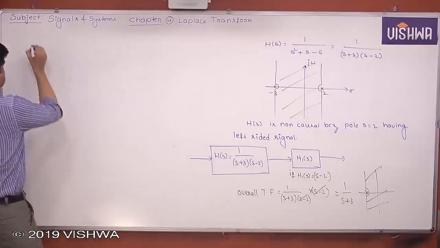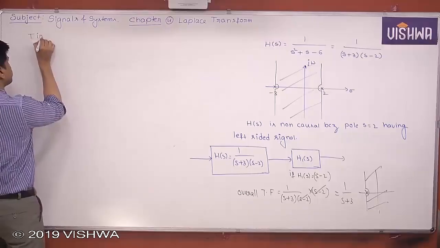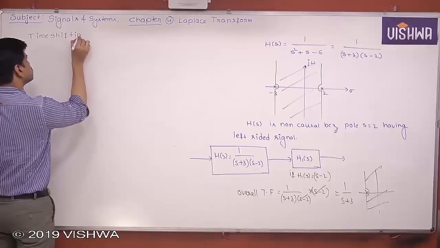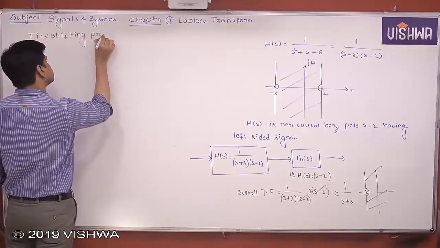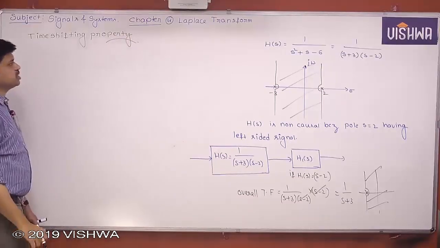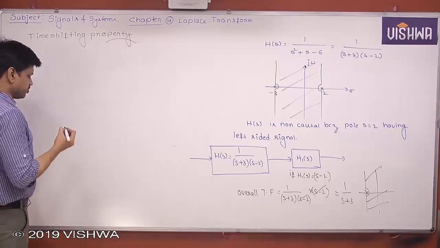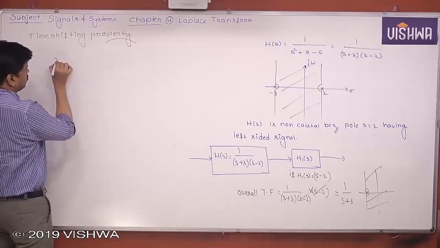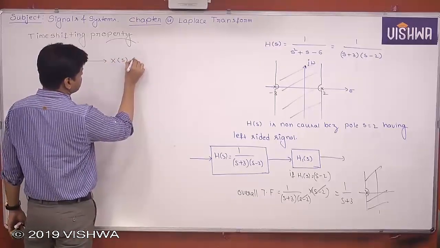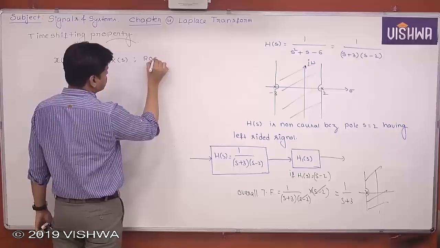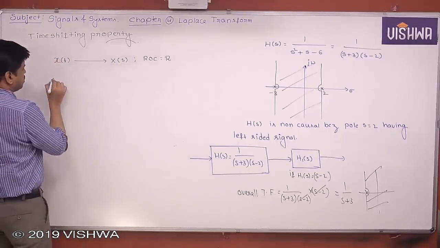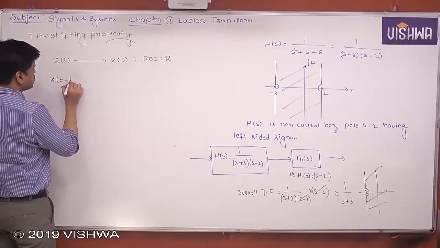Next property, time shifting property. What is this time shifting property? Try to understand. If a signal x of t has Laplace transform x of s with ROC equal to R, then what is the Laplace transform of x of t minus t naught?